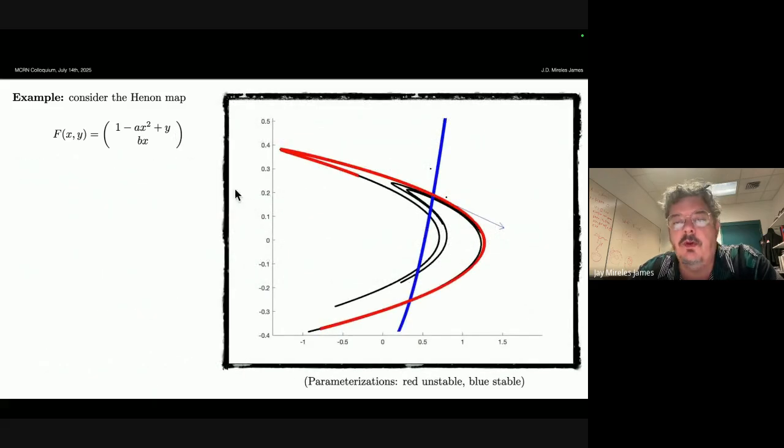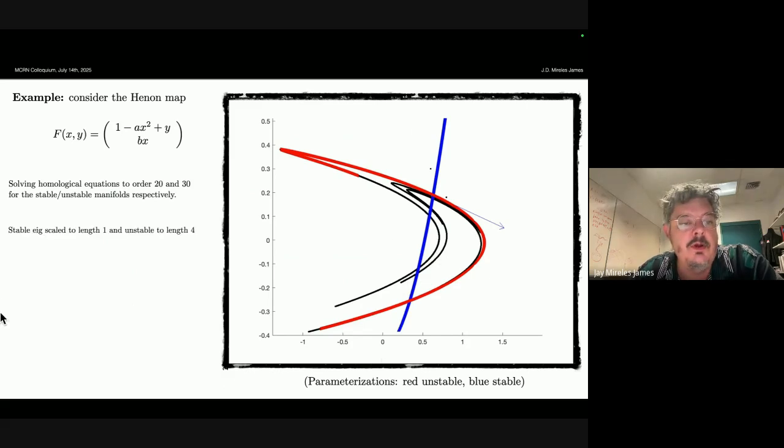And this is, of course, the question of convergence, but we're not going to worry about that too much today. So here is a picture. I did the stable manifold, which is the blue one, I think to 20th order with an eigenvector scaled to length 1.